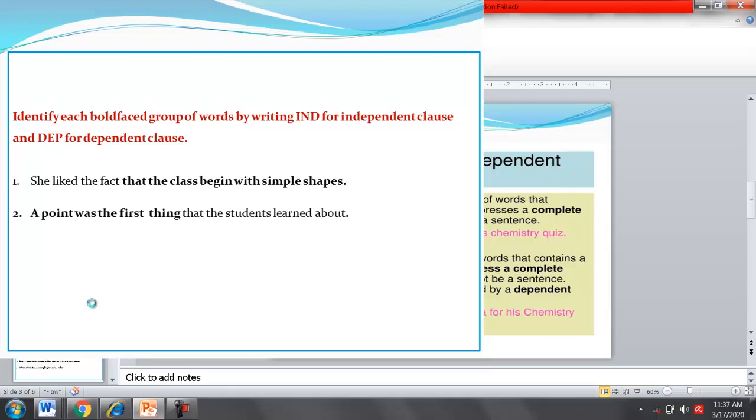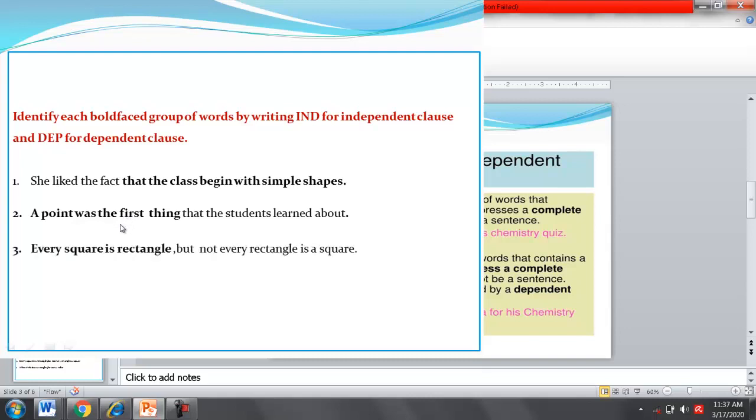A point was the first thing. Check. The bold part is the second part over here, and it starts with that. Don't forget what I said at the beginning. Second sentence: A point was the first thing. It's at the beginning of the sentence, and I don't have a subordinate clause.